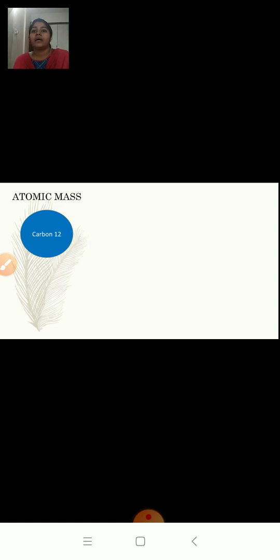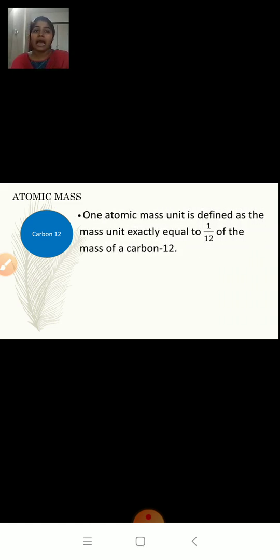Now, in the year 1961, the carbon 12 isotope was chosen as the standard reference for measuring atomic masses. Thus an atom of carbon 12 is considered to be the standard unit, and atomic mass is calculated with respect to it, 1 atomic mass unit.